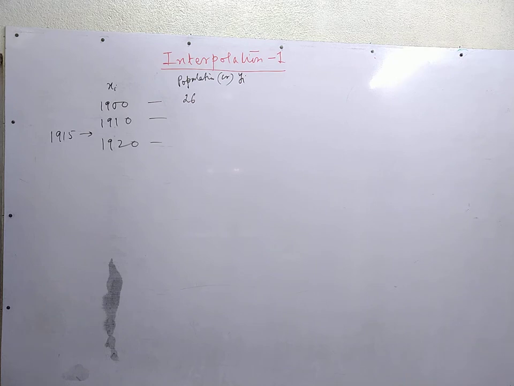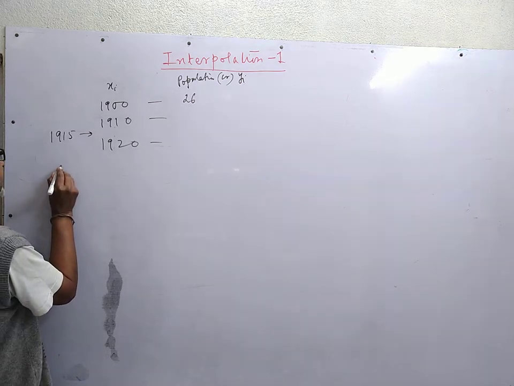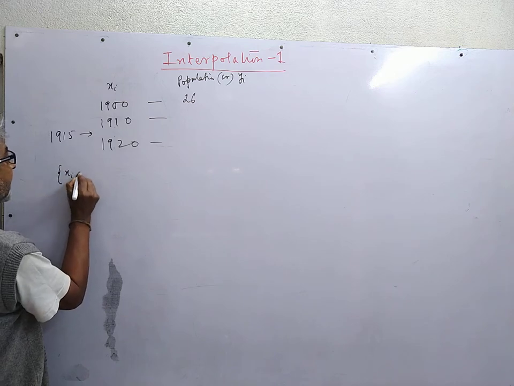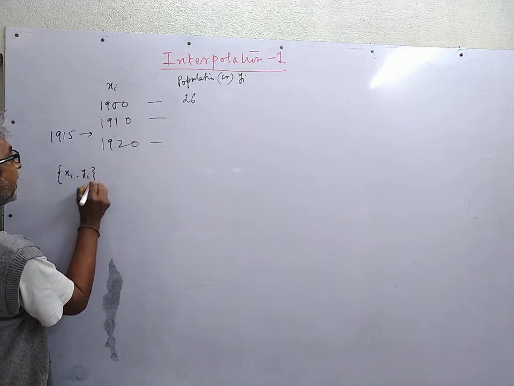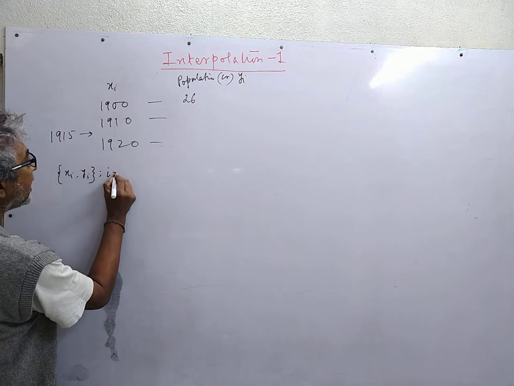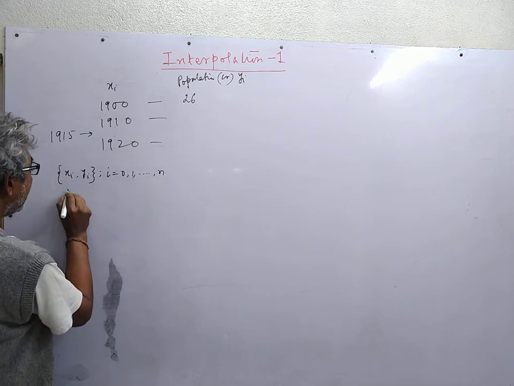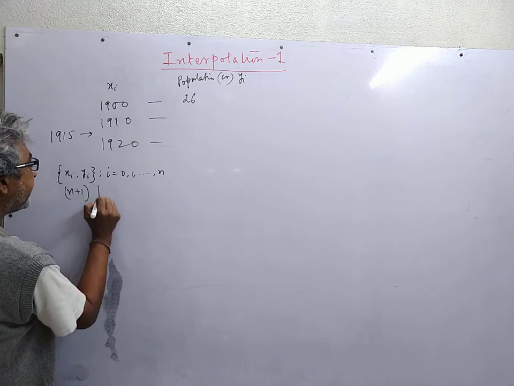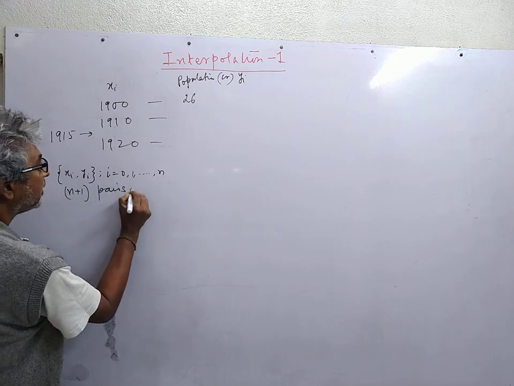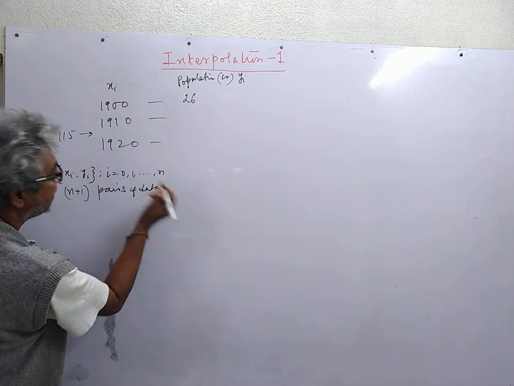So we formulate the situation as this. We have a given set of data xi and the corresponding yi, and the data is available for i equal to 0, 1 up to n. So there are n plus 1 pairs of xy data.